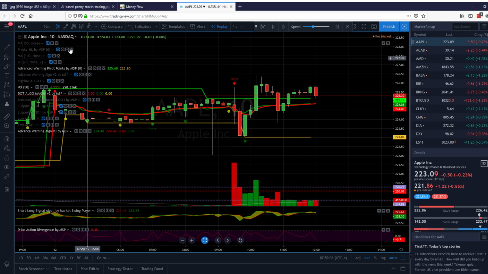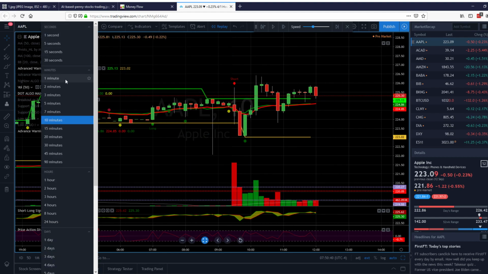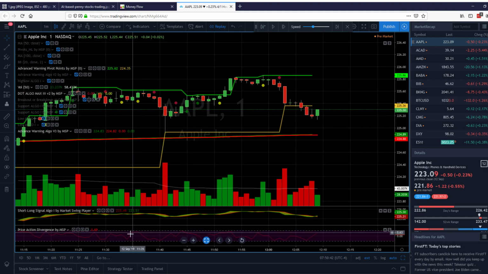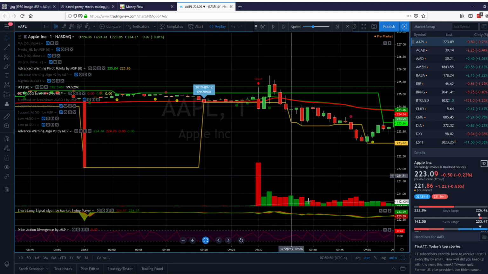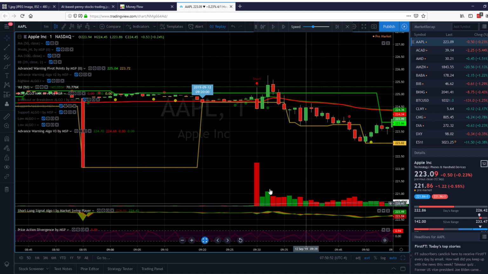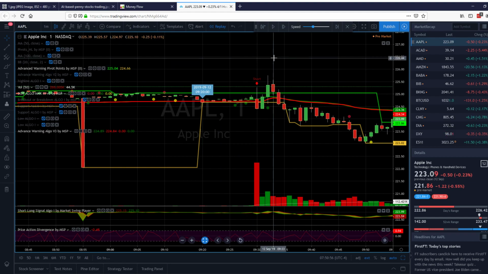Oh, before we do that, let's look at a 1 minute, in case you want to drill in while price is dropping, to gauge where to buy. Let's see if that would have helped. At 0920. So 1 minute, the market opened up.